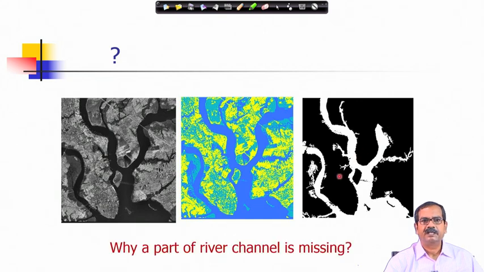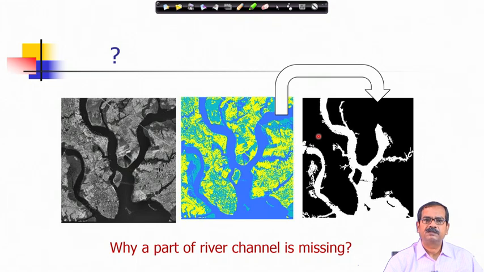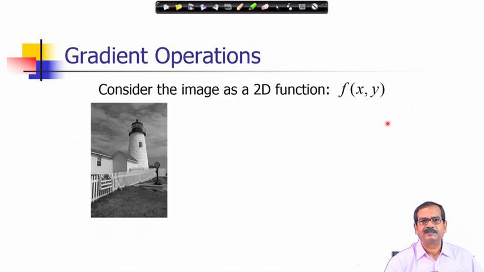So, can you tell why this part is missing? This is a question you need to find out by yourselves, and check why this information is missing in this part.